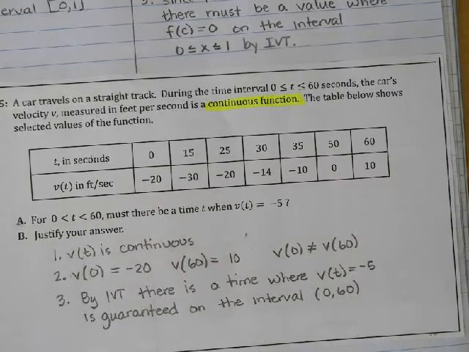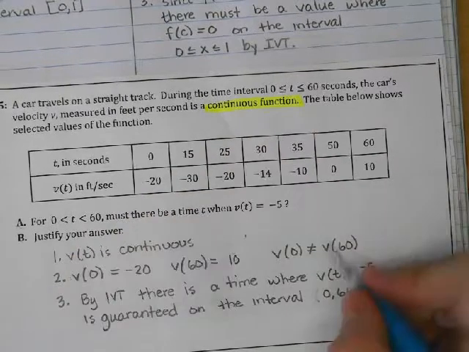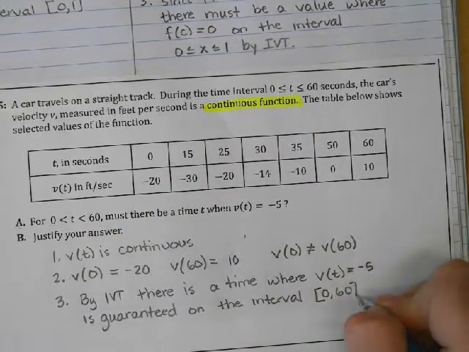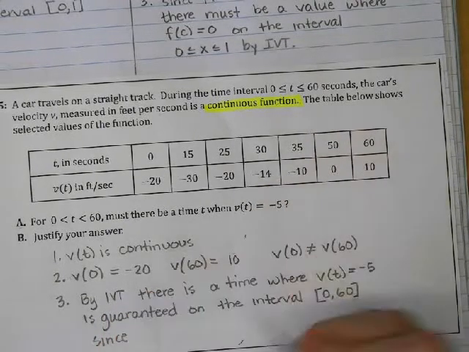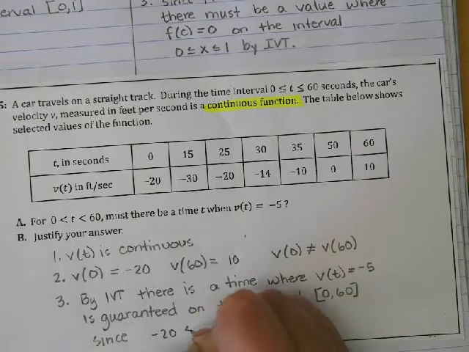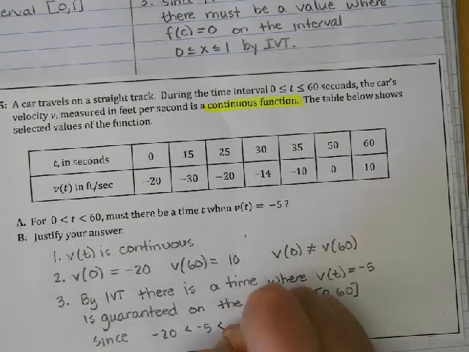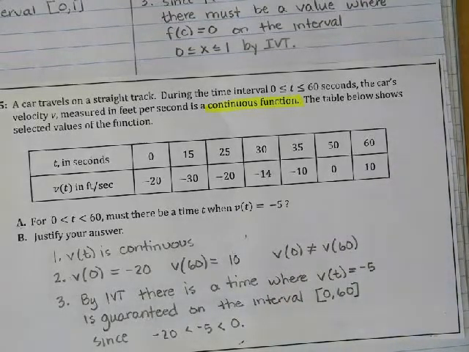But since these are not my endpoints, actually there is, I'm not going to use open, I'm going to use closed, because we had those values. Since -20 is less than -5, and that is less than 10. Ta-da!